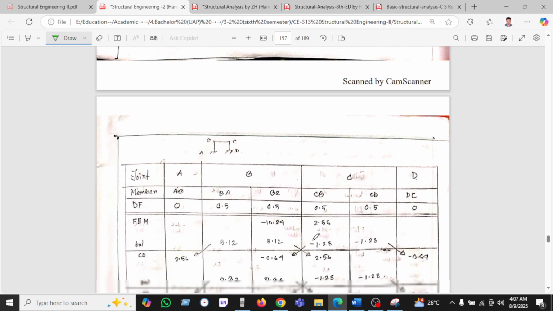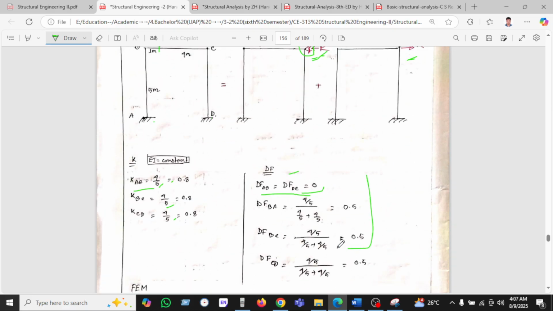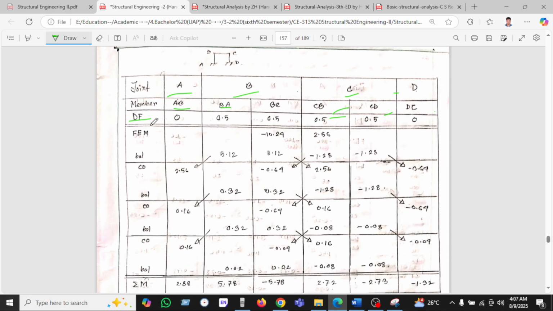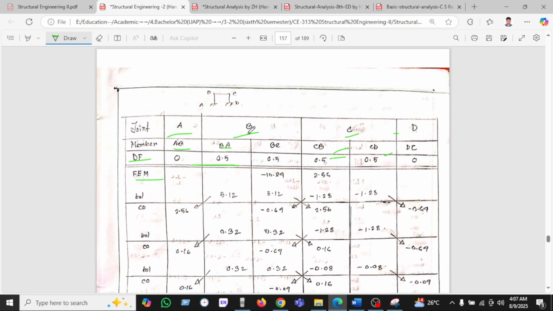Now we can calculate the joints here. We can see members AB, BA, BC, CB, CD, DC, and the distribution factors we have already calculated here. Just taking all the distribution values here, and the fixed end moments we have found are here. So this is the B point fixed end moment.